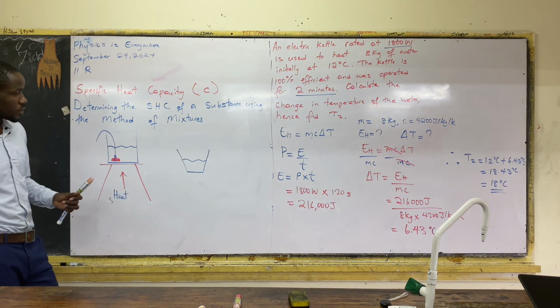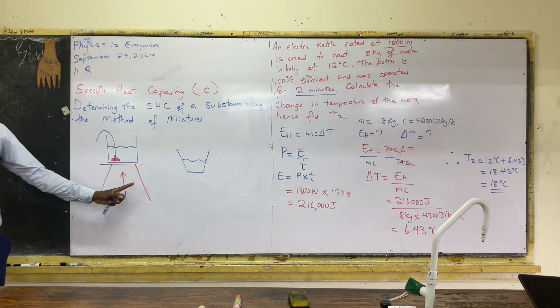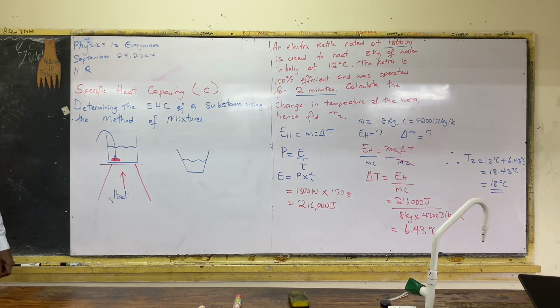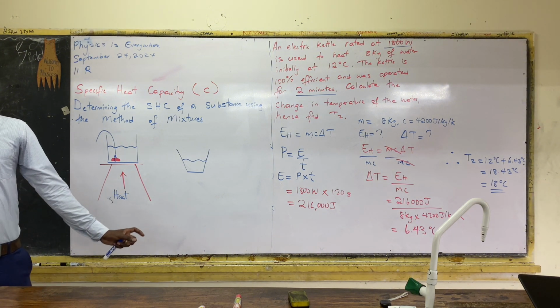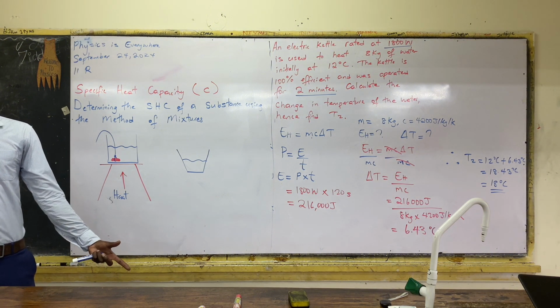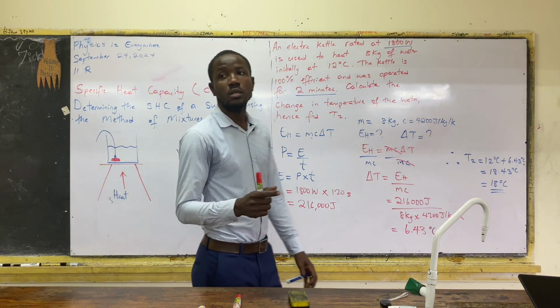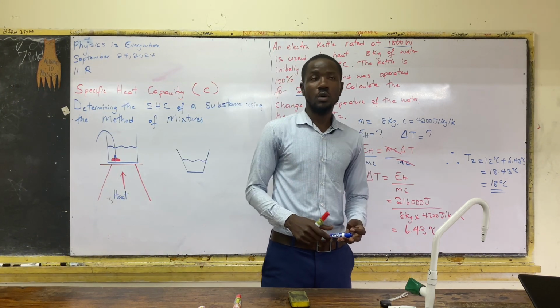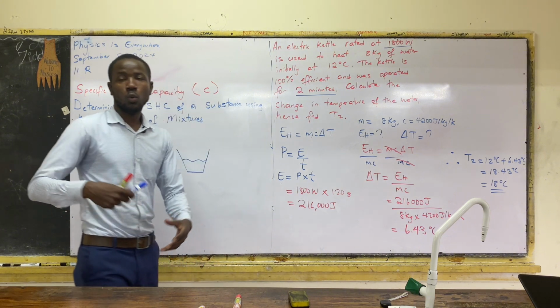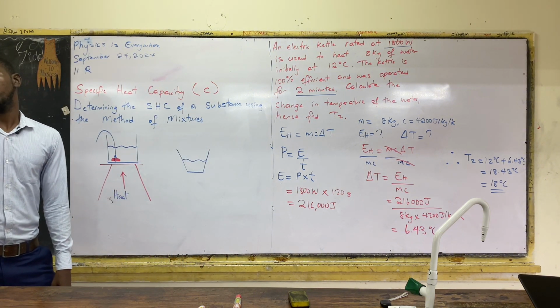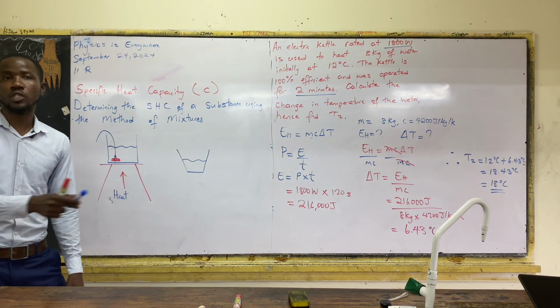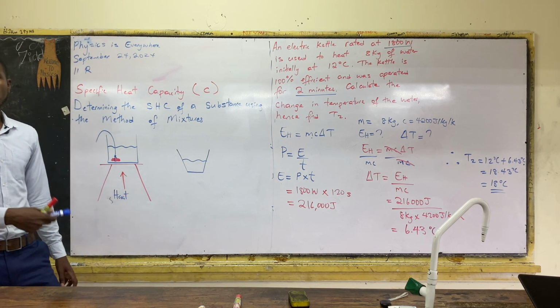So what we have right here is our diagram. We're looking at the method of mixtures, right? With the method of mixtures, we'll always know the specific heat capacity of one of the substances that we're working with.